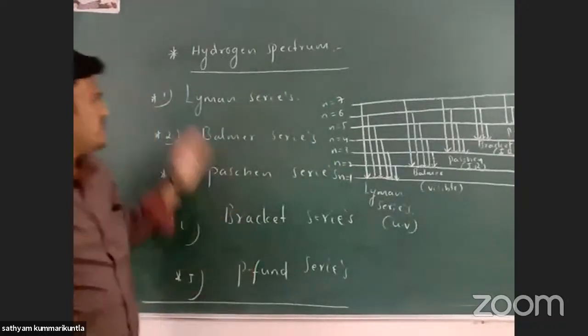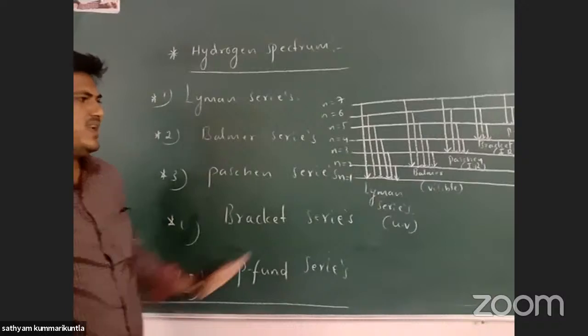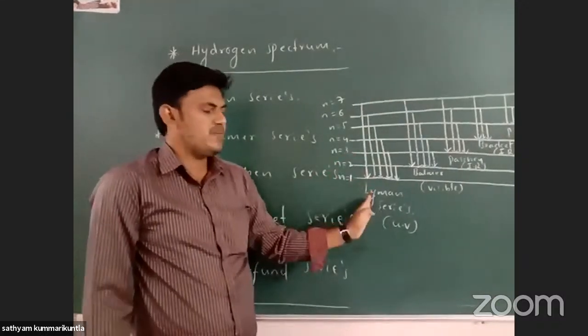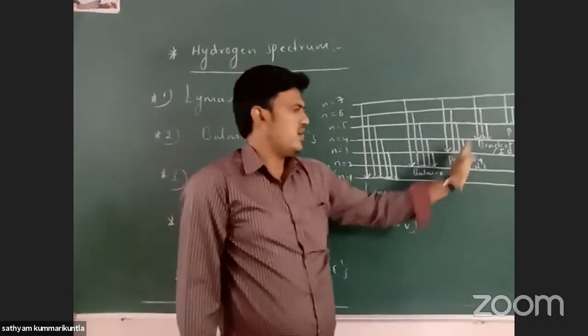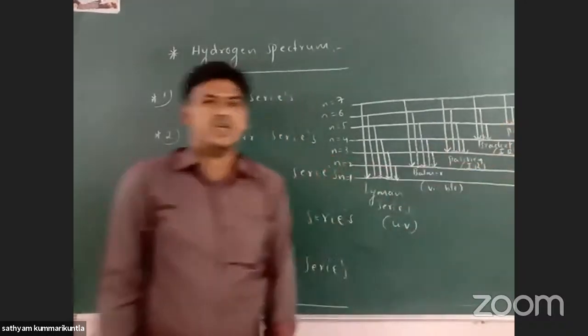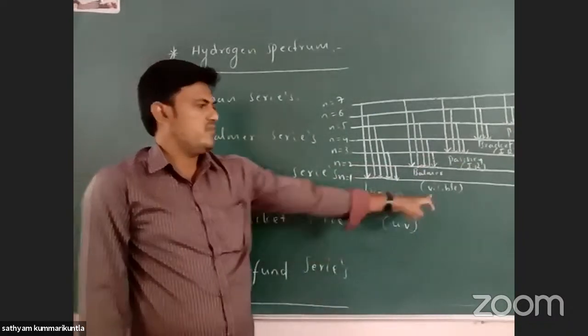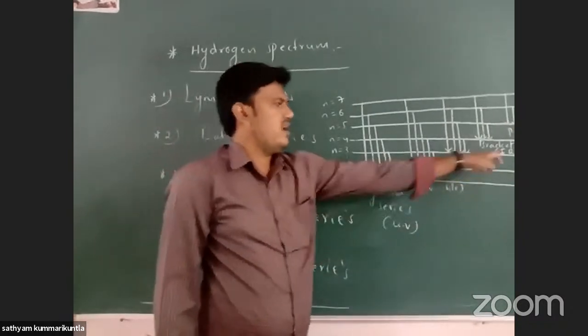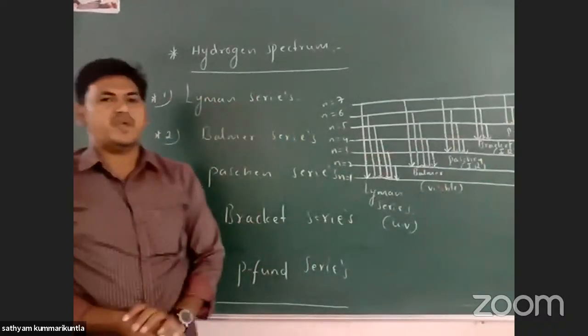Okay, so Lyman series, Balmer series, Paschen, Brackett, and Pfund series, and spectral lines. What is meant by Lyman series? Balmer series? Paschen series? Brackett series? And Pfund series? And spectral regions: UV region, visible region, IR region, IR region, IR region. Okay, so this is the hydrogen spectrum.